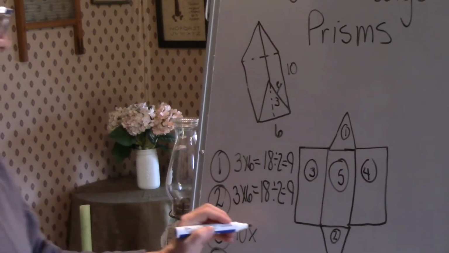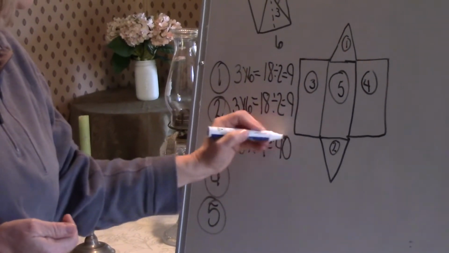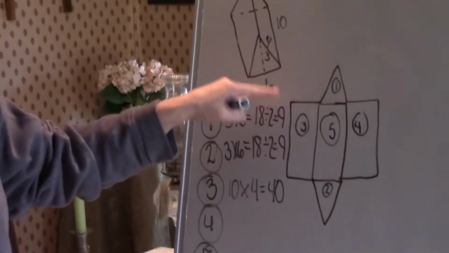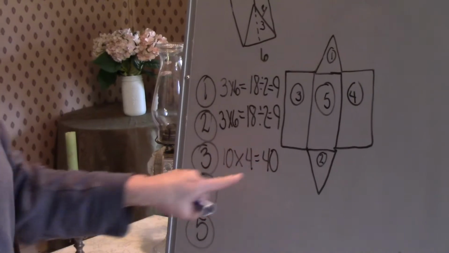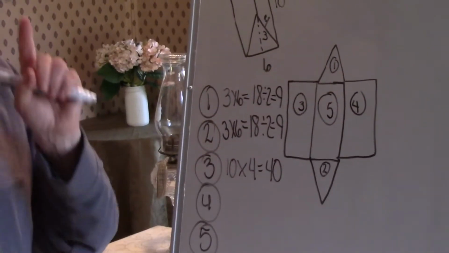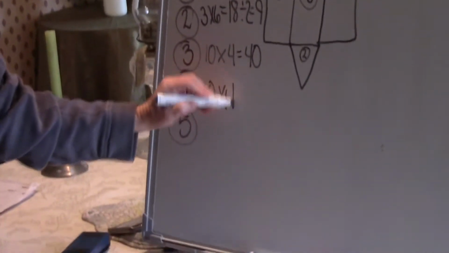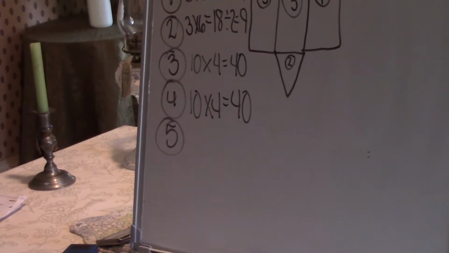So this is going to be a 10 by 4, which gives you 40. So face number 3 is going to have an area of 40 units squared. And face number 4 will have the same area because they have to be equal to each other in order to form that shape. Okay?